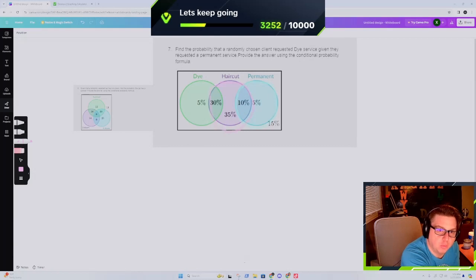So some people want a permanent service for a haircut. So that's what this little piece tells us. And now there's 35 people that just want a haircut, and then there's 30% of the people that want a haircut and a die. So that's where these intersections of a Venn diagram come from, all right? So that's just a little explanation on the Venn diagram.